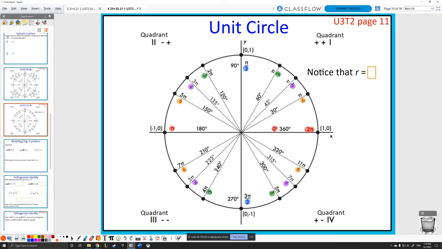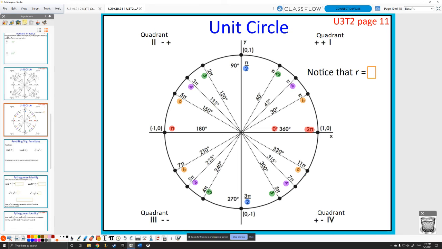And this is true for my pi over 4s as well. 1 pi over 4, 2 pi over 4, 3 pi over 4, 4 pi over 4, 5 pi over 4, 6 pi over 4, 7 pi over 4, 8 pi over 4. Pi over 3 as well. We have 2, 3, 4, 5, and 6. And finally, pi over 2s, we have pi over 2, 2 pi over 2, 3 pi over 2, 4 pi over 2. Okay. And so these are all very nice ways of dividing up your circle. So you can use them pretty easily, so on and so forth.